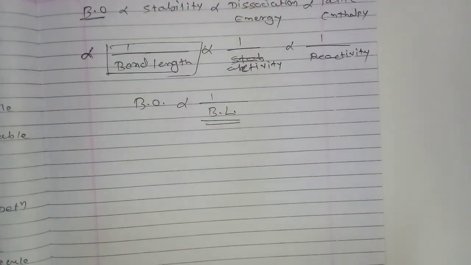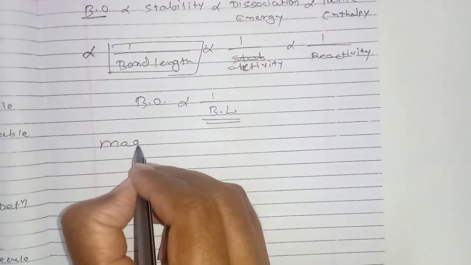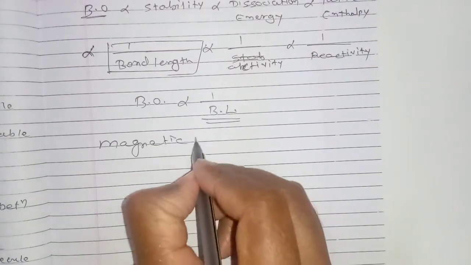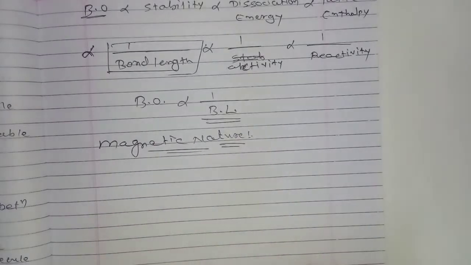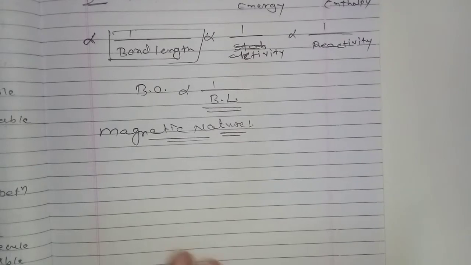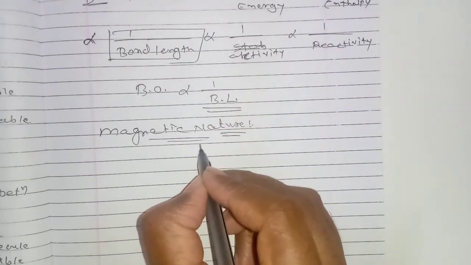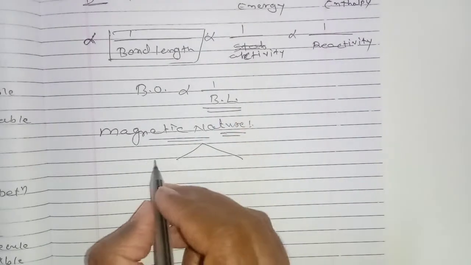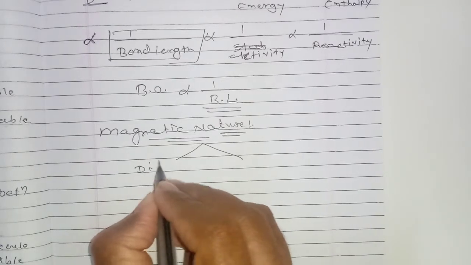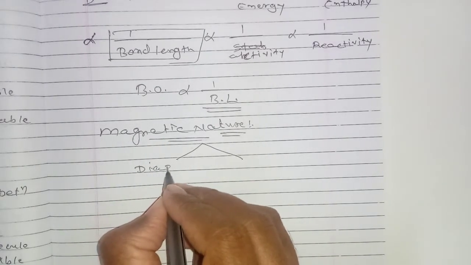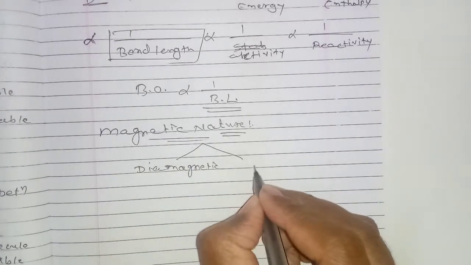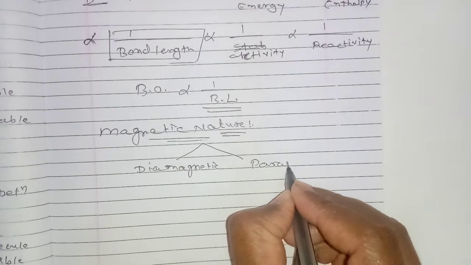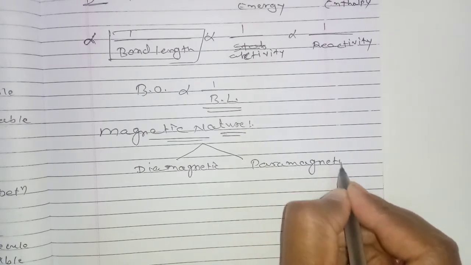Now the magnetic nature. There are two types of magnetic nature of a substance: diamagnetic and paramagnetic.